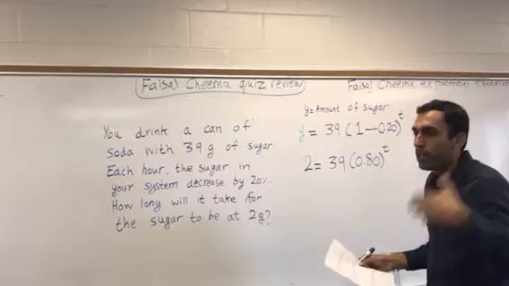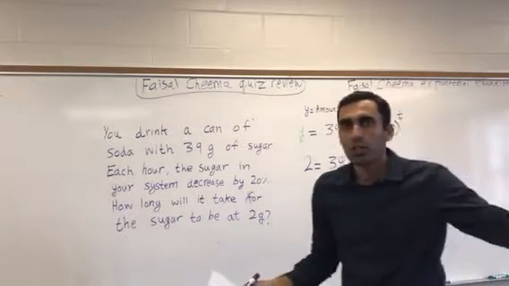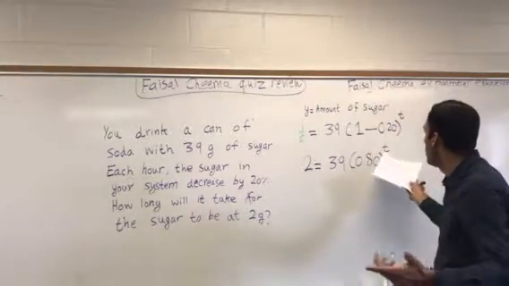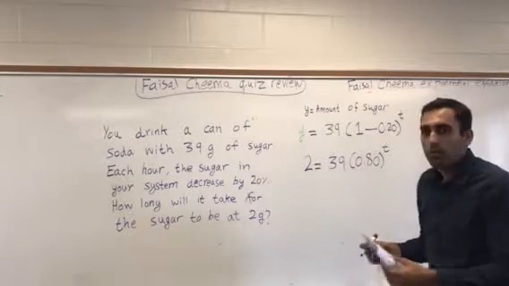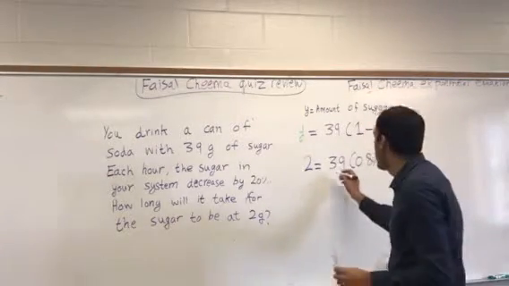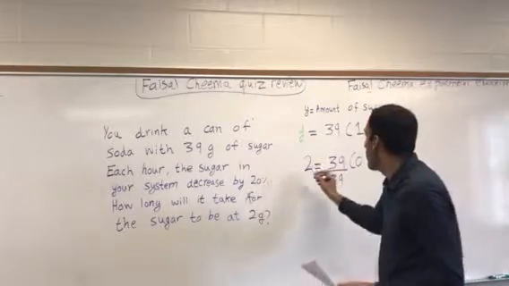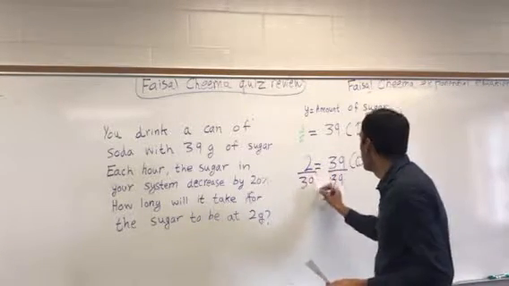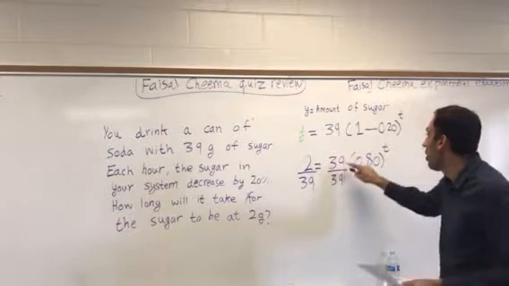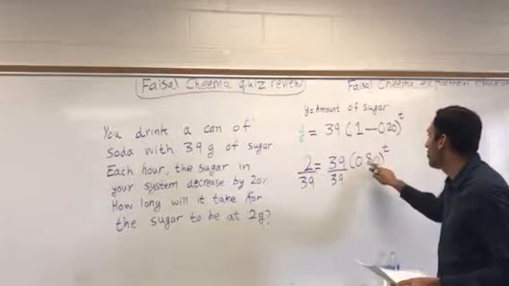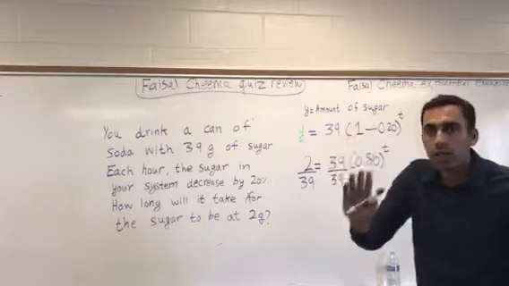All right. Now we think back to the last unit. How did we figure out t from here? Well, of course, the first step you would want to do is divide both sides by this 39. It's really tempting to do 39 times 0.8. Please don't do that.